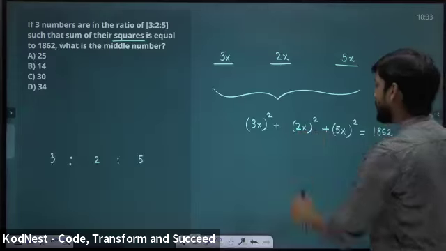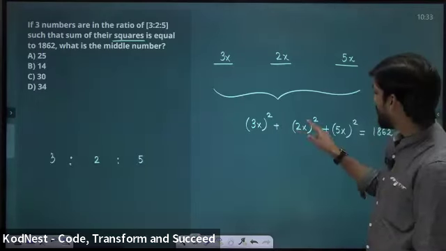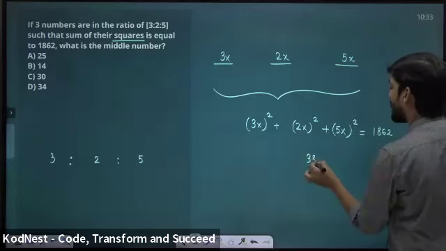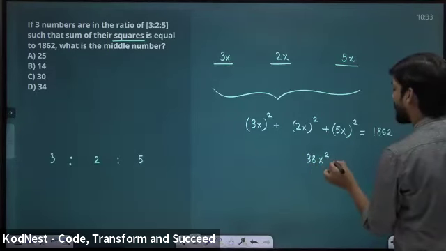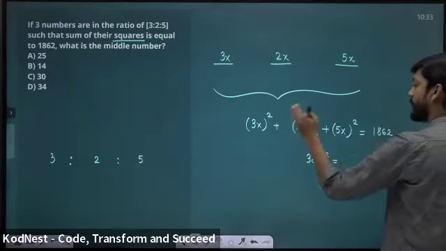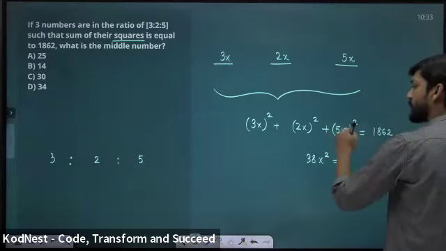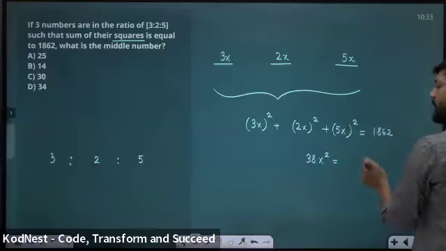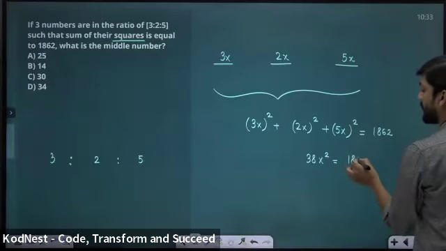Okay. Once I solve this, I will get 9. 9 plus 4, 13. 13 plus 25, 38. So 38x square I will get. 25x square, 4x square, 9x square. Total I will get 38x square equals 1862.